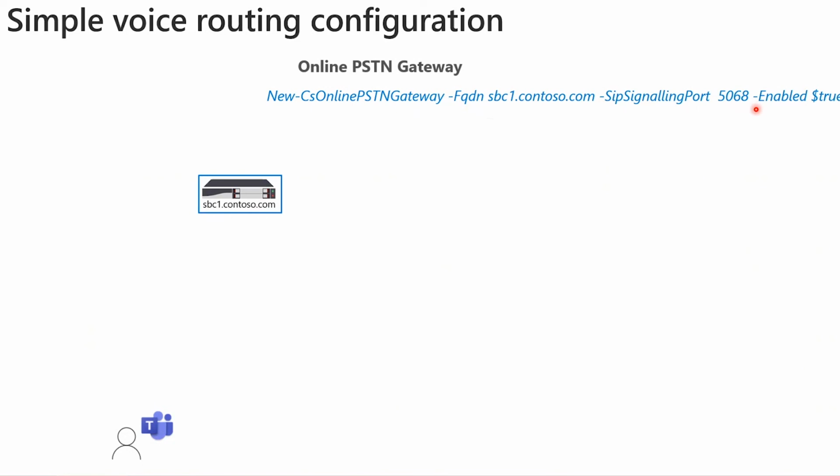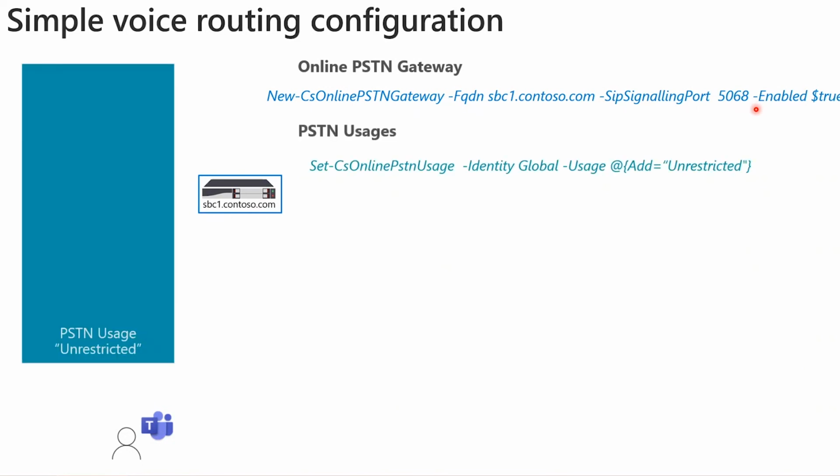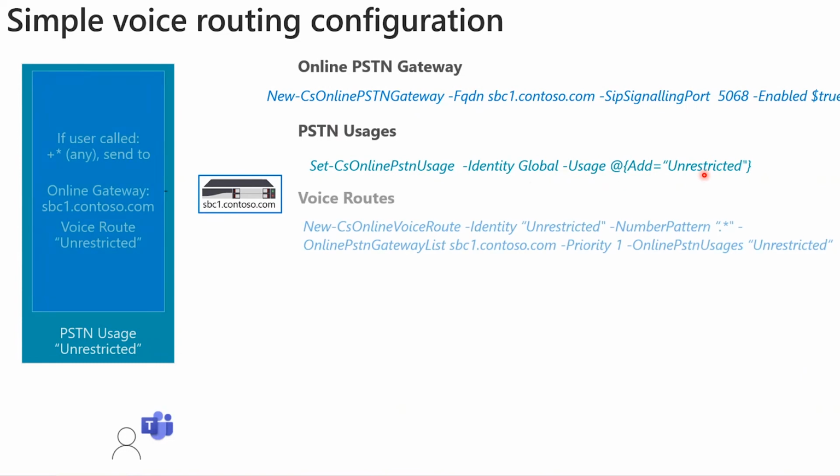And I'm leaving all other SIP options at default. Let's create a PSTN usage. So creating the container where we hold everything together, and we're just going to call this a global policy, call it unrestricted. I create a voice route, the New-CsOnlineVoiceRoute.